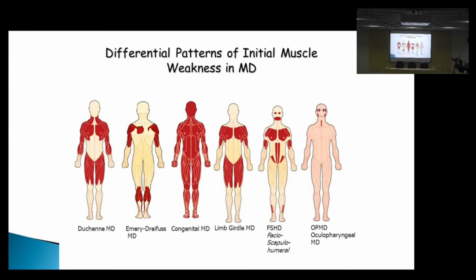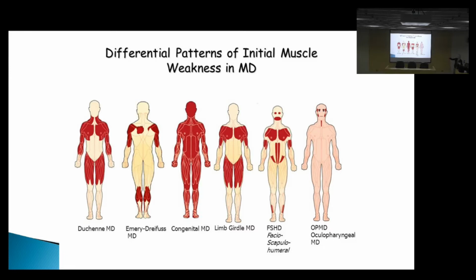So they are differentiated based on what group of muscles in the body are affected. You see, Duchenne affects immediately the proximal muscles, near the girdle and the upper part of the body. Then Emery-Dreifuss affects the elbows and the shoulders and the upper part of the arms.